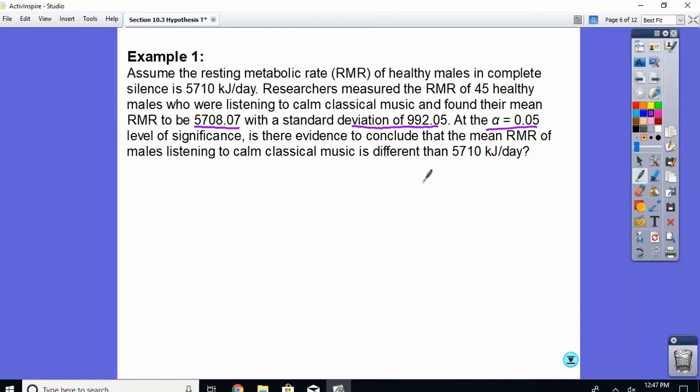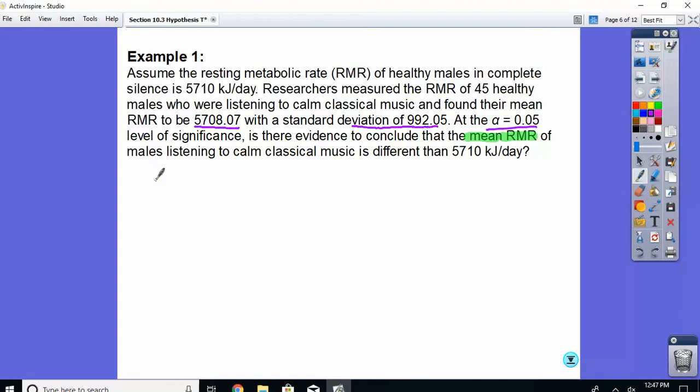It's going to start out really the same way as the last one. The very first thing you have to do is check the criteria. Now that we have both p and mean, you're going to have to pay attention in your problems. If you look in your problem, it tells you we're talking about the mean RMR. So when you get to a test or quiz, you'll just look, is it a proportion or is it a mean?